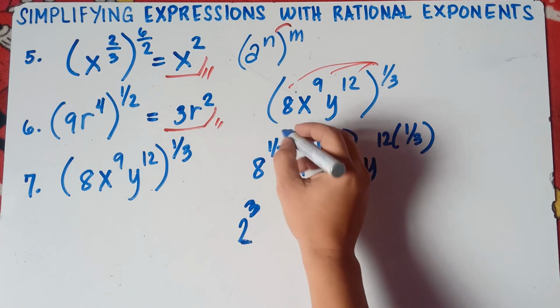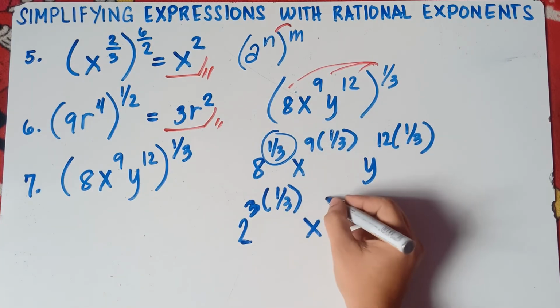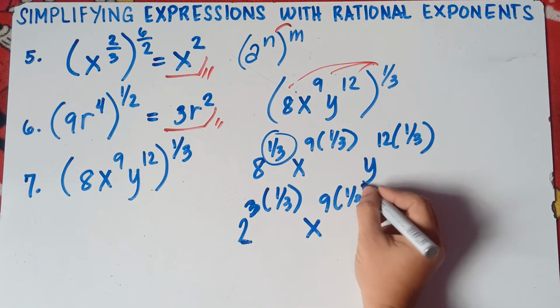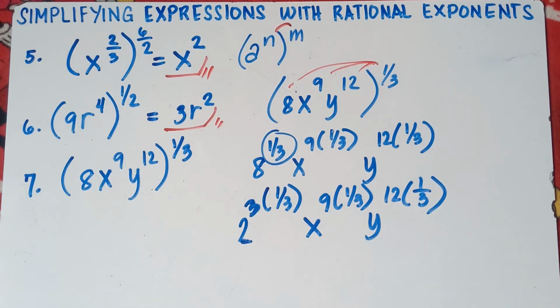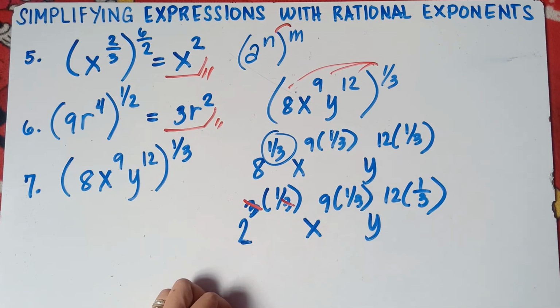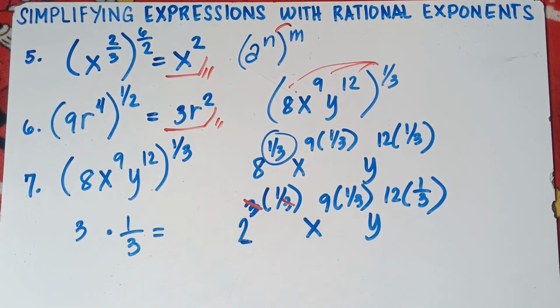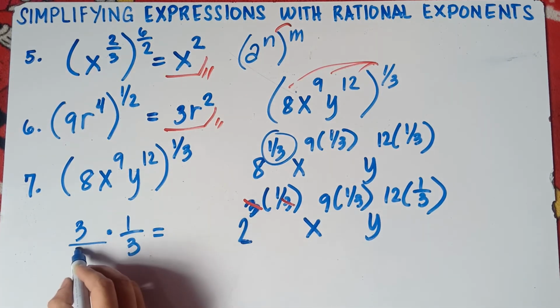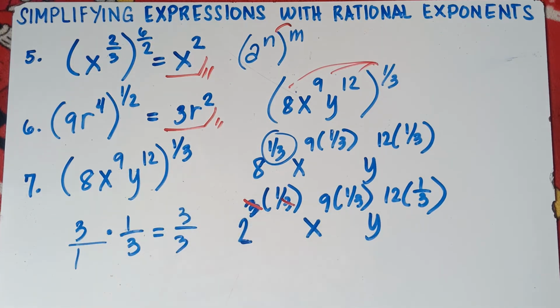Then 3 times, we still have 1/3. So 3 times 1/3. Then x raised to the power of 9 times 1/3. Then y raised to the power of 12 times 1/3. So in this scenario, class, we can actually cancel this out because 3 times 1/3, understood that there is a denominator of 1. 3 times 1, that is 3. 1 times 3, that is 3. 3 divided by 3, that is 1.